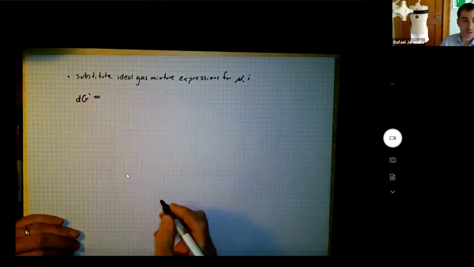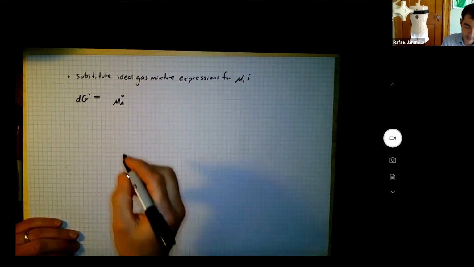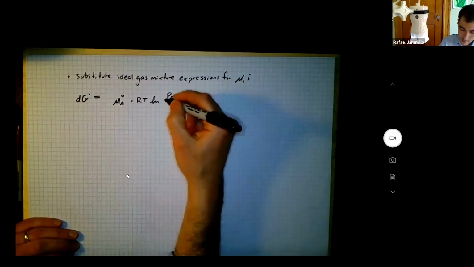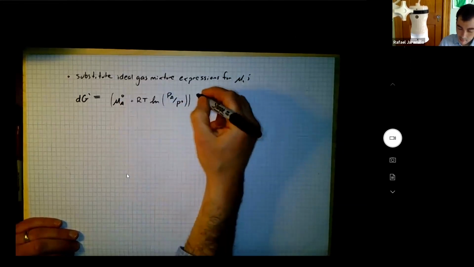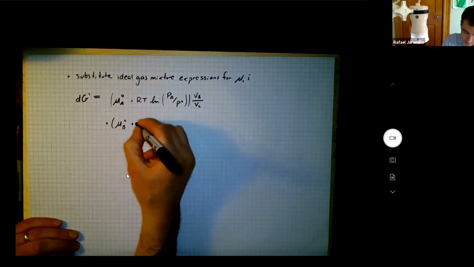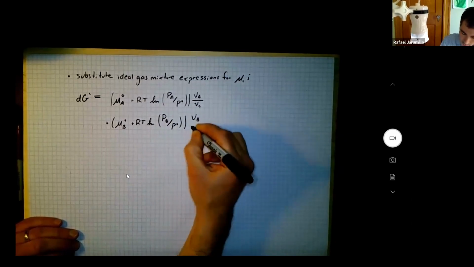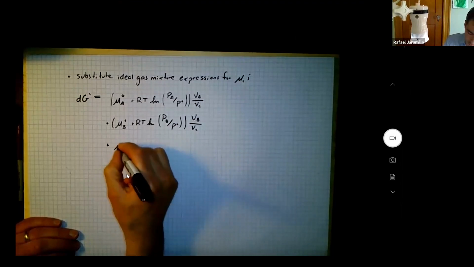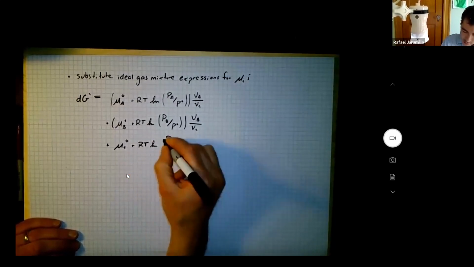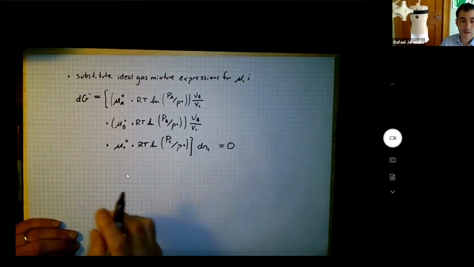And I get the following. dG equals [mu A naught, that is component A in its reference state, pure at 1 atmosphere, plus RT natural log partial pressure of A over standard pressure], this quantity times nu A over nu C, plus [mu B naught plus RT natural log partial pressure B over standard pressure], nu B over nu C, plus [mu C naught plus RT natural log pressure of C over standard pressure]. This whole thing times dNc equals 0.